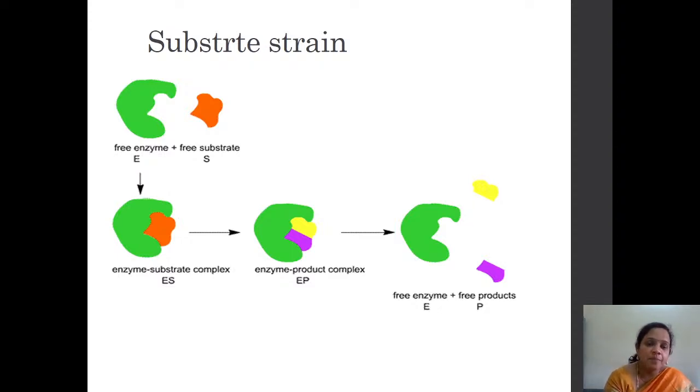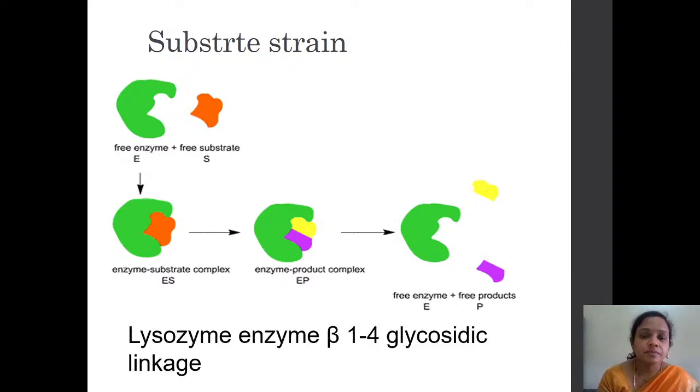So the substrate gets converted to a product, and after that the product is released. This is called substrate strain catalysis. When the enzyme combines with the substrate, it causes strain at the active site, and this strain decreases the activation energy.